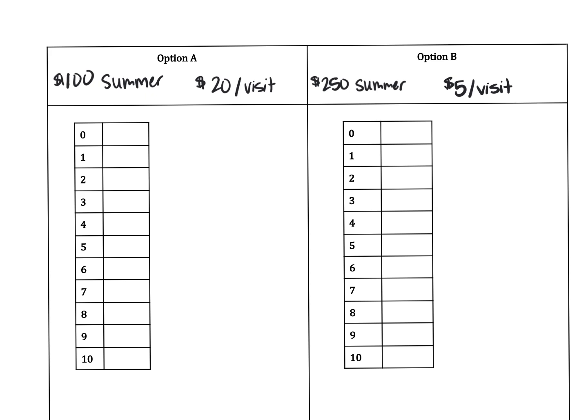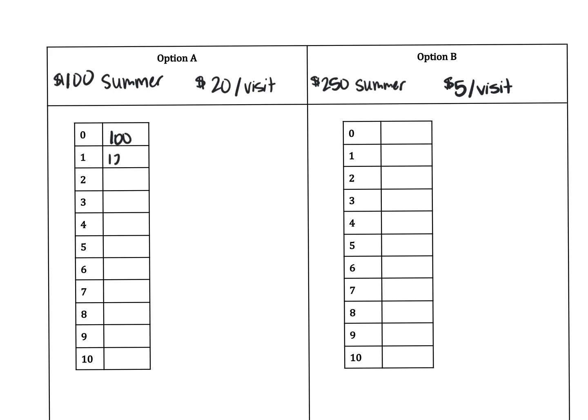So if we choose option A and then end up, for whatever reason, not going at all, we're still going to be paying $100 because you paid that flat fee. Now, if we visit once, we have that $100 that we paid plus our $20 visit.